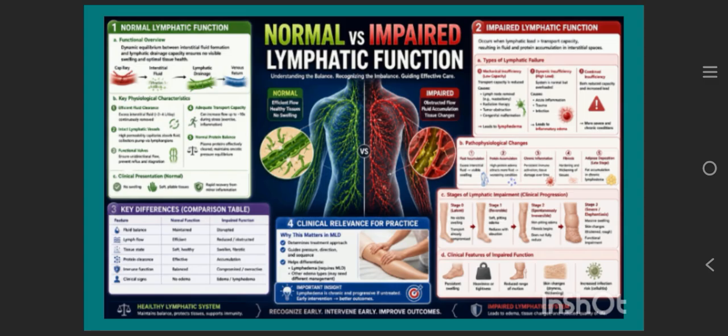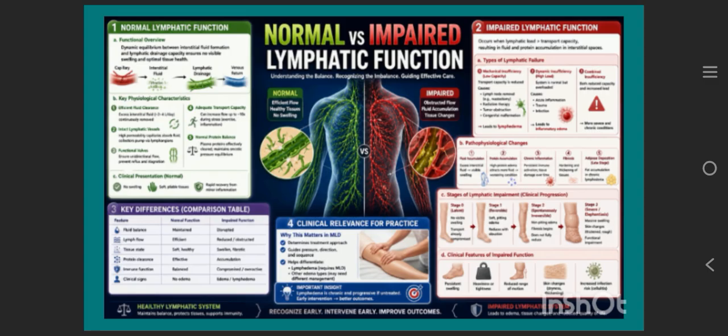The fifth change is adipose deposition, which is a late stage. Here, there is fat accumulation in chronic lymphedema. These are the 5 pathophysiological changes.